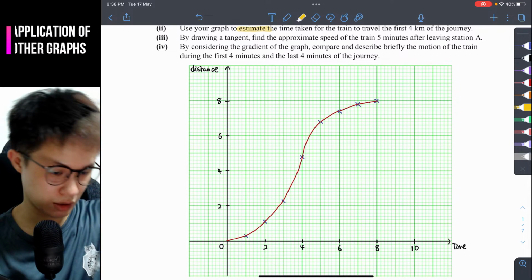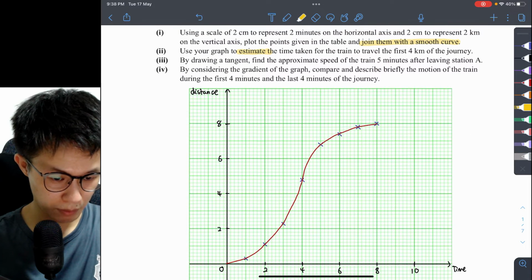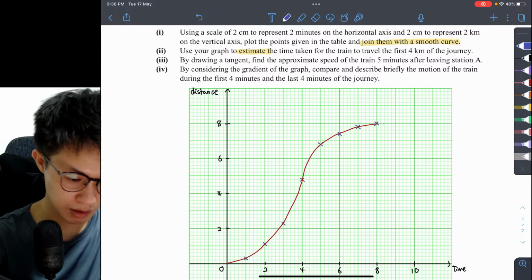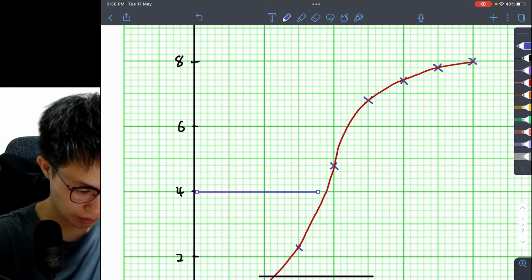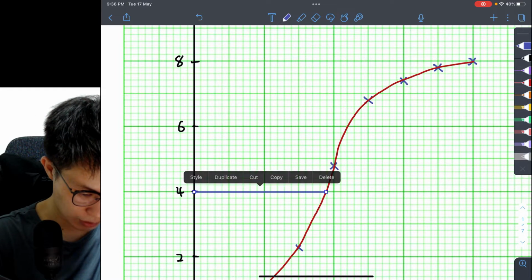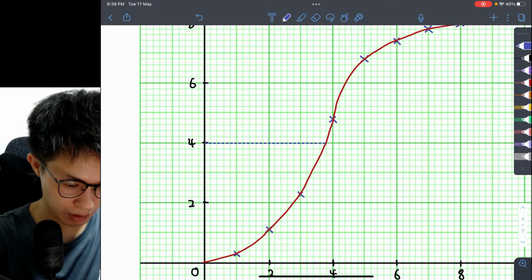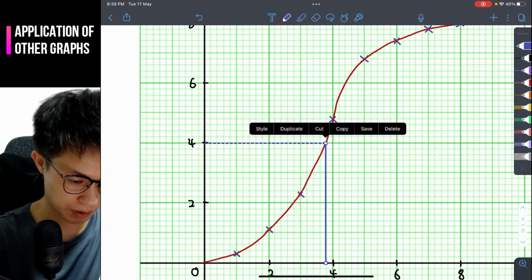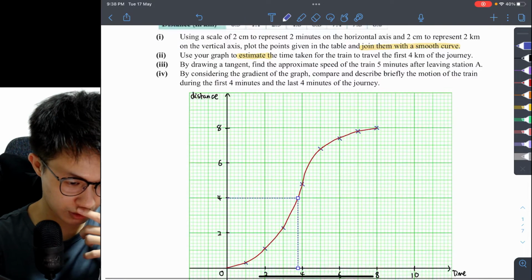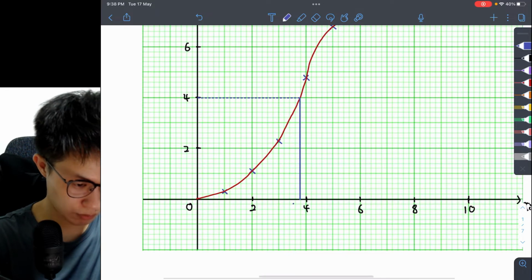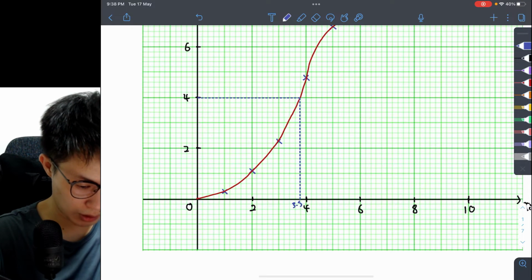For the first 4 km, by using the graph, we can draw a straight line from the distance of 4 km to the point on the graph where it's 4 km, and estimate that the time here is about 3.8 minutes.